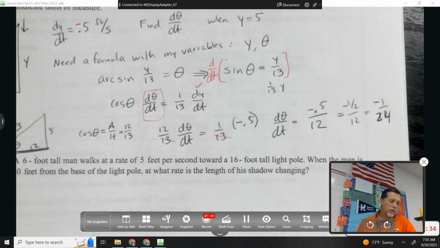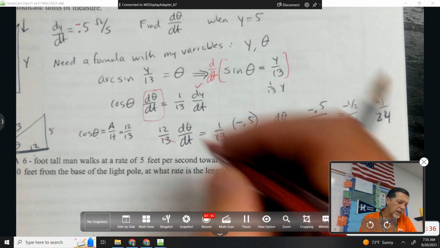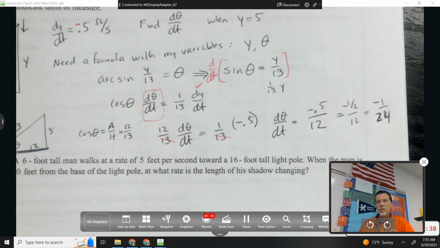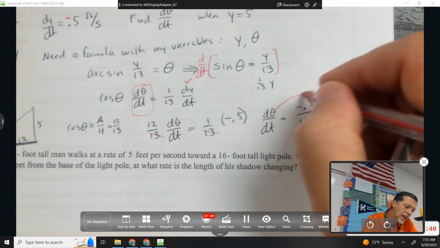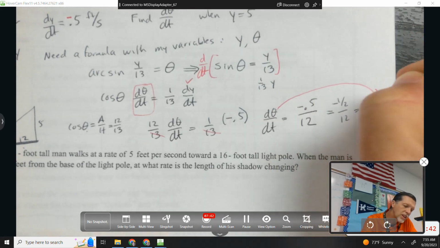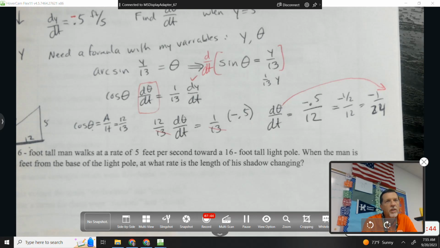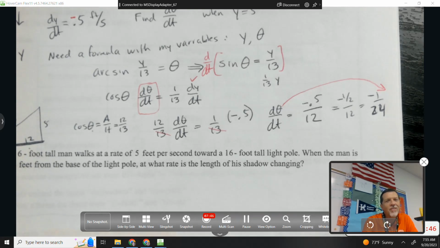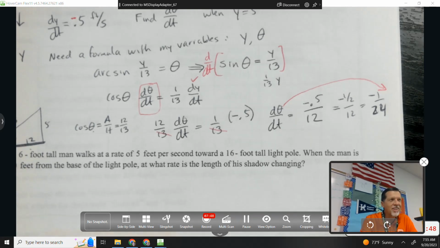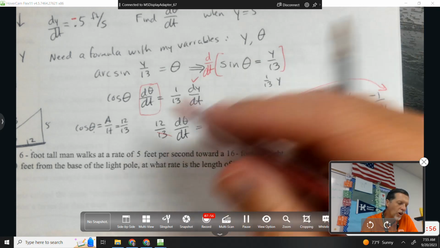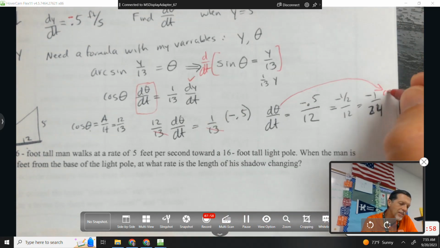Oh, indicate units of measure. Well, again, we don't really keep up with units through the problem. We just hop on at the end and say, what is theta measured in? Well, I heard degrees and radians. So, which one is it? In all of our problems, for all of this stuff to work, it's got to be radians.